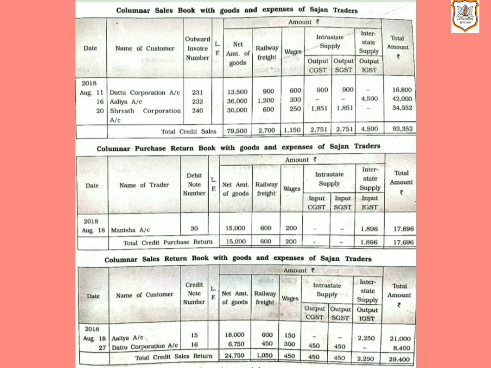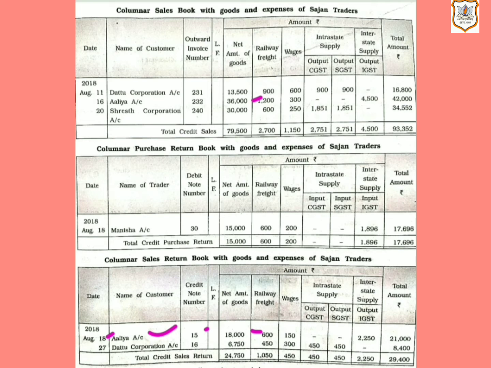So here in sales return book, first we will write date, that is August 18, then name of customer Alia, credit note number 15, then net amount of goods will be shown at rupees 18,000, that is half of 36,000, as only half amount of goods have been returned. Then it is given that the proportionate amount of GST, railway freight, and labor charges are adjusted.